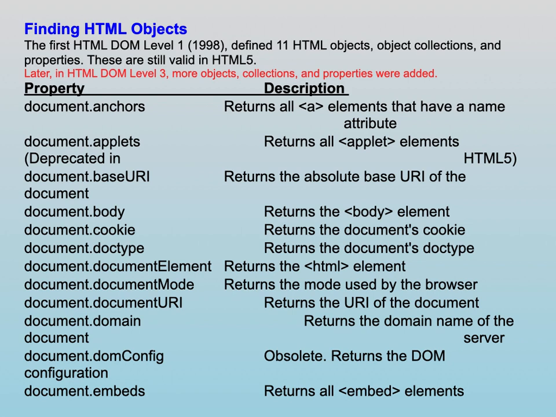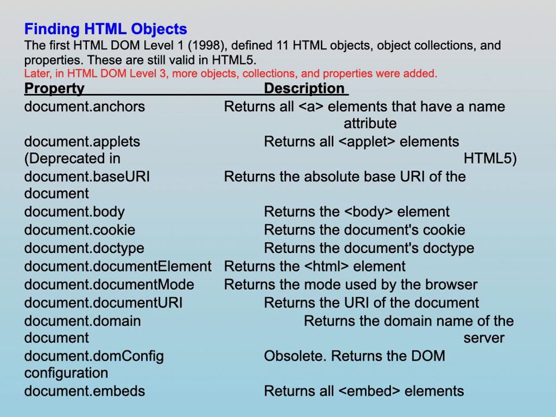Document.anchors retains all anchor tags or A elements that have a name attribute. Document.applets retains all applet elements. It is deprecated in HTML5, not available with HTML5 because applets are not supported in HTML5. Document.baseURI retains the absolute base URI of the document. Document.body retains the body element. Document.cookie retains the document's cookie.